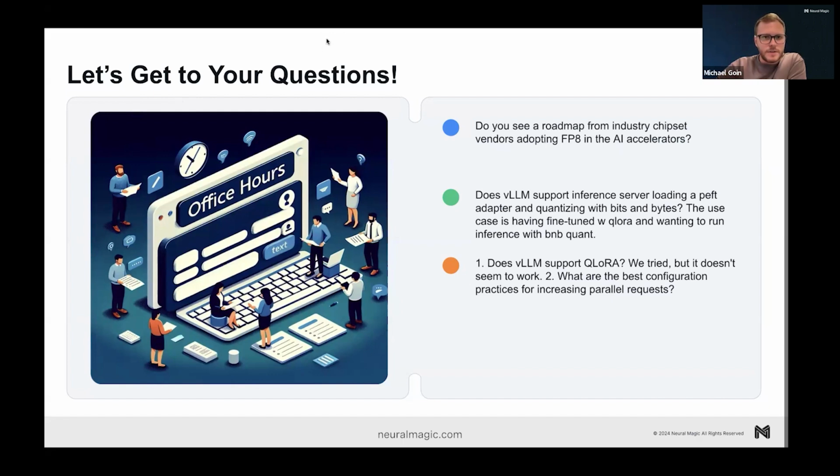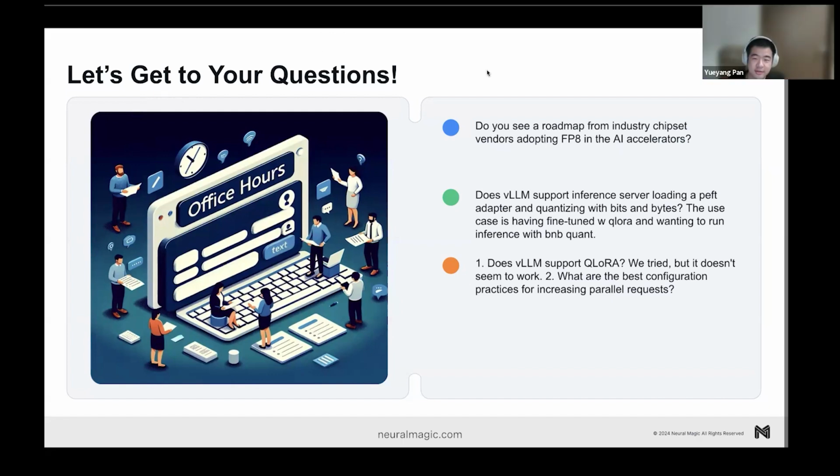Okay, are there any other questions? Yeah, so I have a follow-up question. Right now I'm working on this PR for the prefilling decoding disaggregation. What I did is initialize two different process groups from PyTorch distributed.